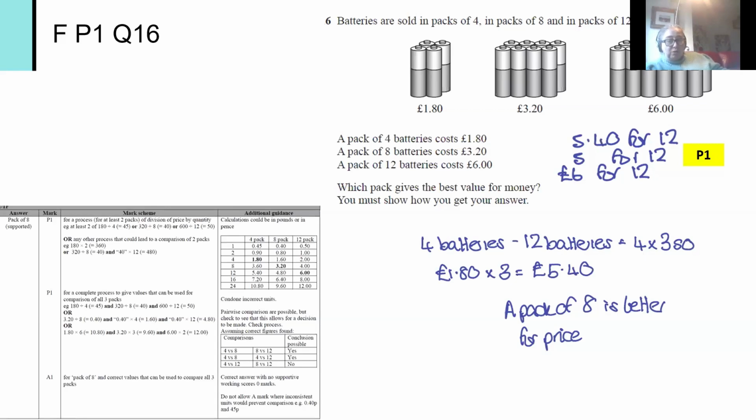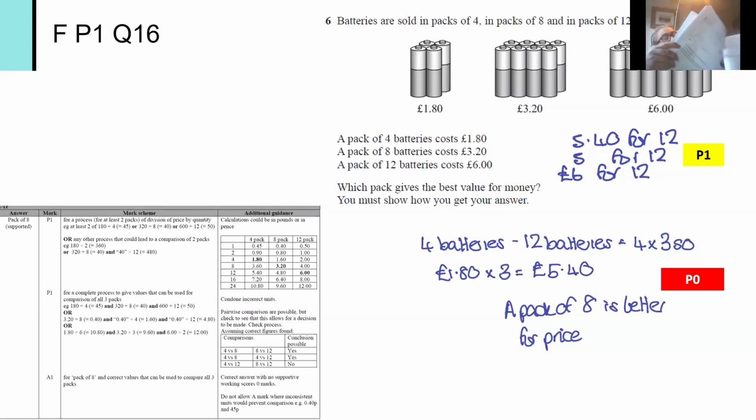But we haven't got a method to compare for all 3 packs, because there's no cost shown for the indicated cost of the £5 for the 12 pack.